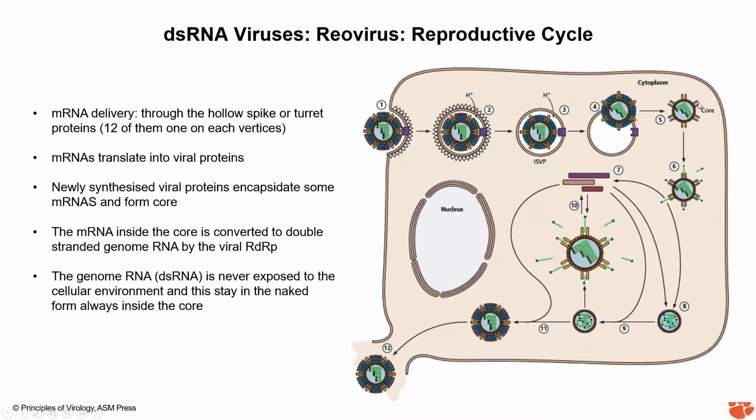And that cap is removed when the core particle comes to the cytoplasm, and that activates the RNA-dependent RNA polymerase, which is inside the particle. That now makes the mRNA, and all these tiny structures with a black dot that you are seeing, these are the capped mRNAs, and these are going to make all the proteins that is required.